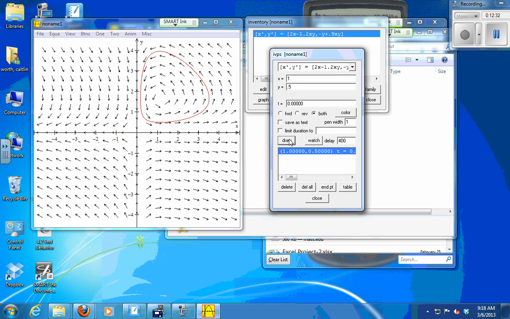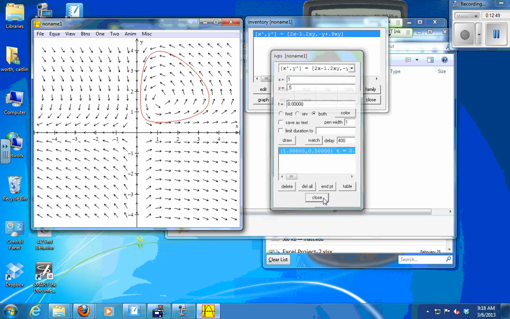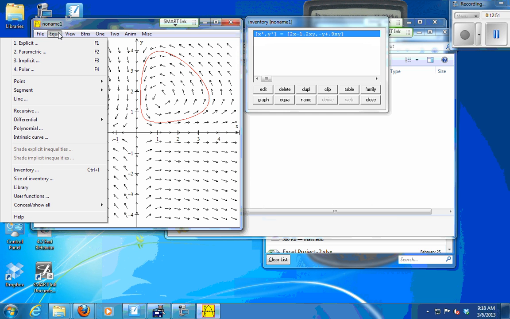So it's basically using Euler's method to draw that solution. We will learn how to do that in 2 dimensions later. It uses a numerical method like Euler's to graph the solution. So this is really handy. There's just 2 things you've got to remember where they are for now.